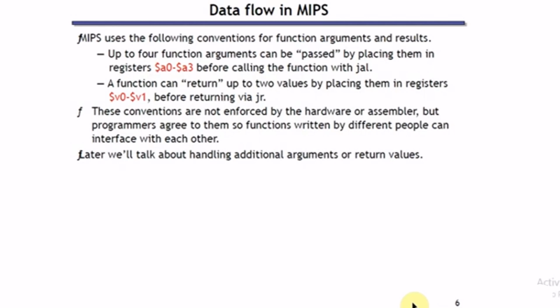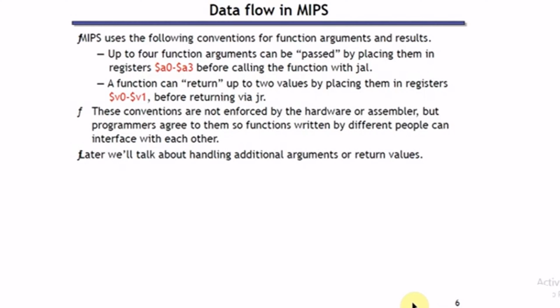The function can return up to 2 values by placing them in registers $v0 and $v1 before returning via the jump return instruction. So when your function wants to return something to the caller, this result should be stored in register $v0.